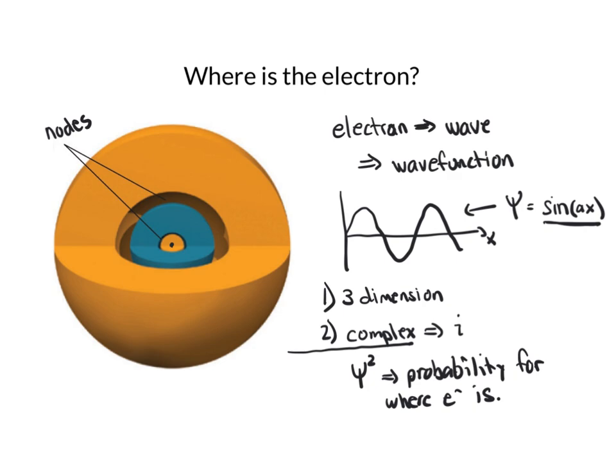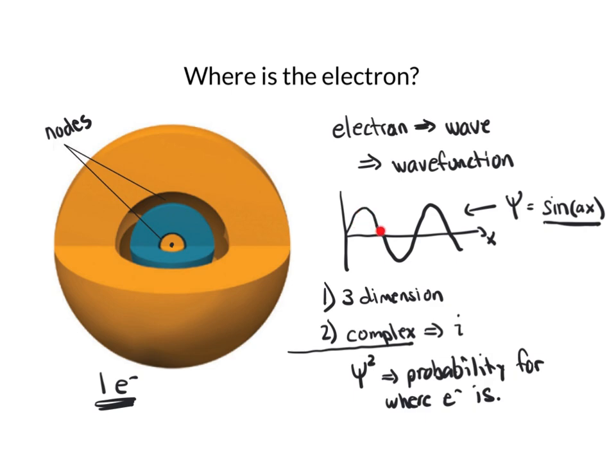That one electron has a probability of being close to the nucleus, but then there's a place where it will never be, and then it has a probability of being a larger distance away from the nucleus, and then there's a place where it will never be again, and then it has a probability of being even further away from the nucleus. So this picture corresponds to just one electron, and that one electron has places where it has no probability of being.